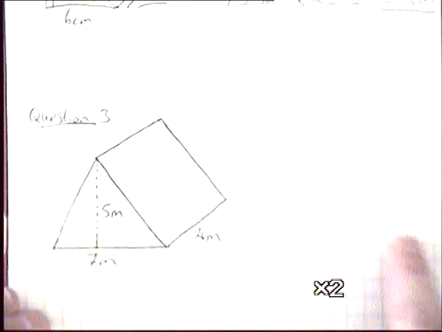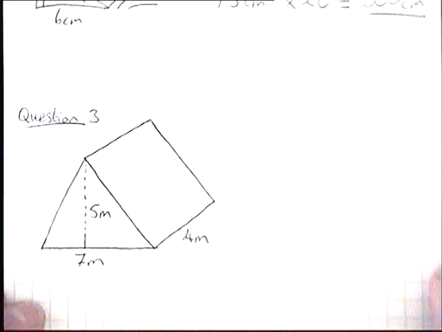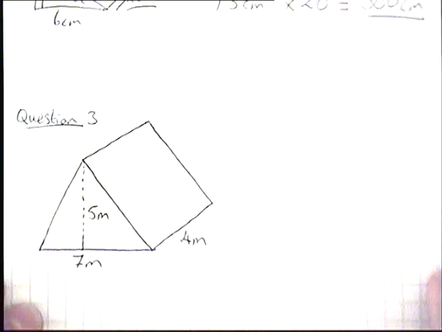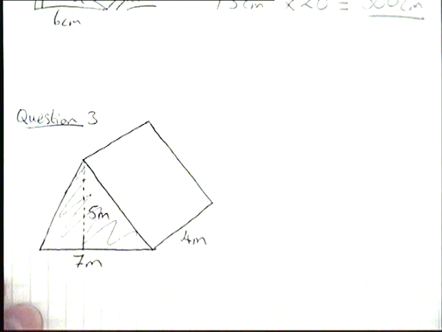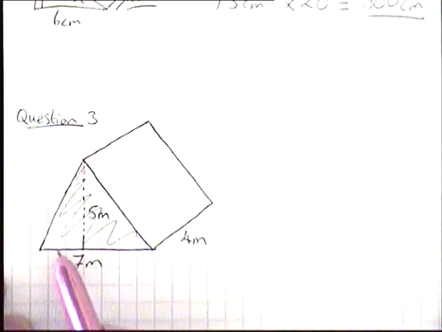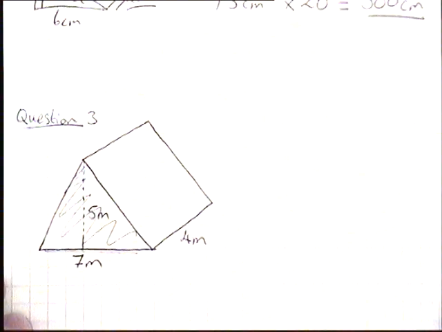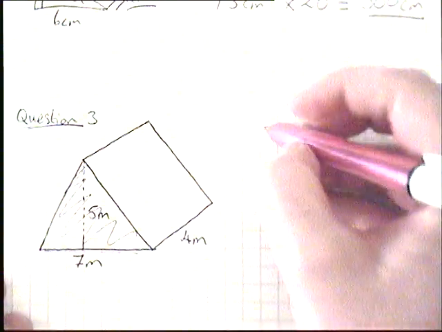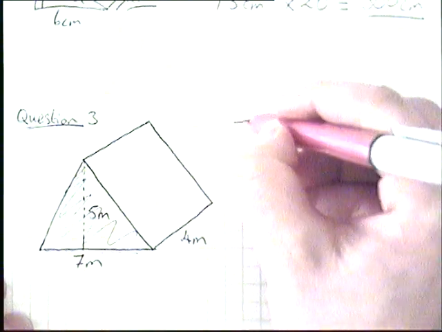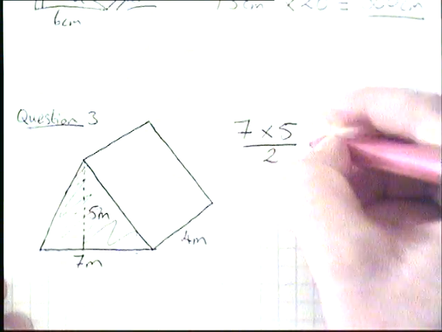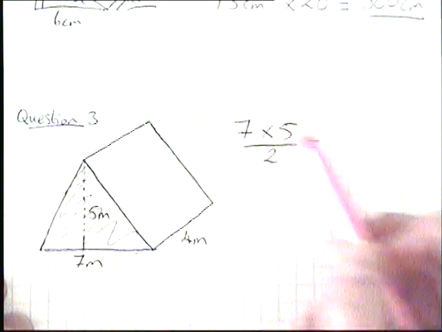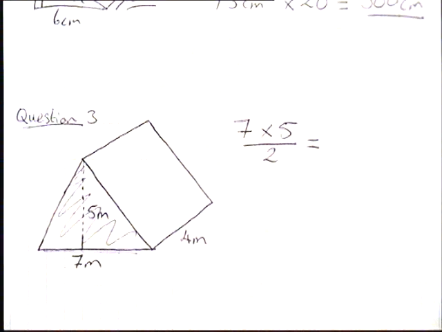Question 3. Again, another triangular prism. So we're going to start by finding the area of the cross section first. Again, it's a triangle and it gives us the base and the height. So we know we've got base times height divided by 2. 7 times 5 is 35.